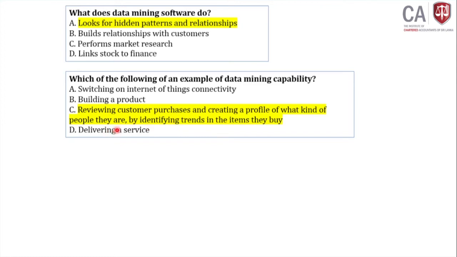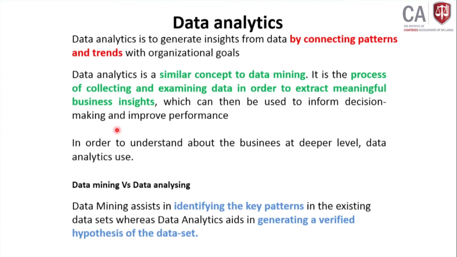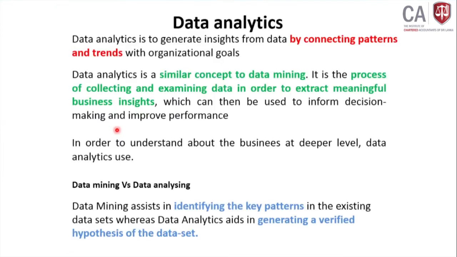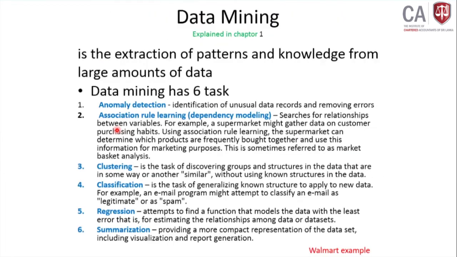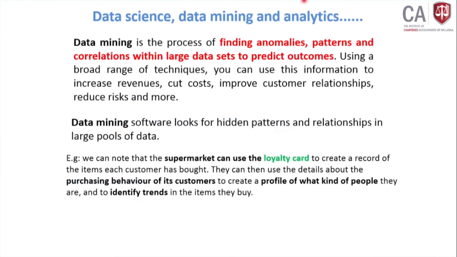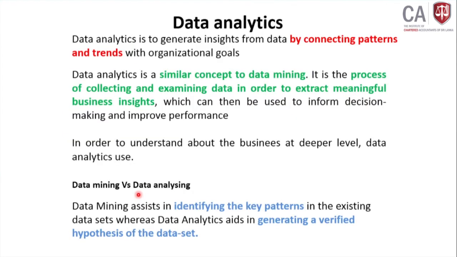As I explained earlier, here also we have given an example of a supermarket using a loyalty card. Purchasing behavior is examined there, providing a profile of what kind of people they are and identifying the trends. So those things are analyzed by using data mining.